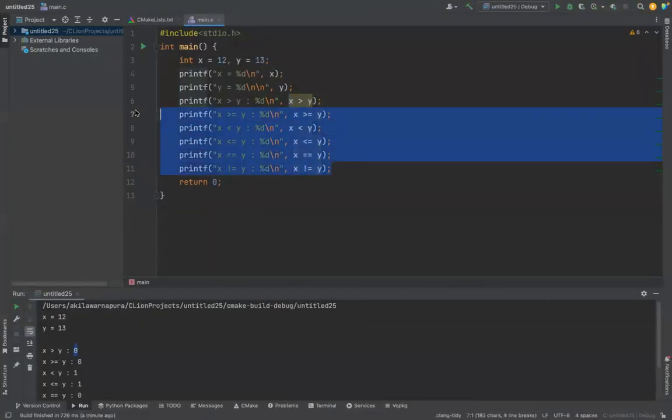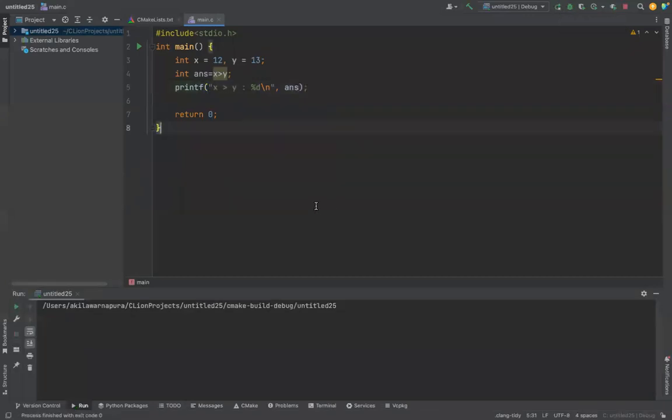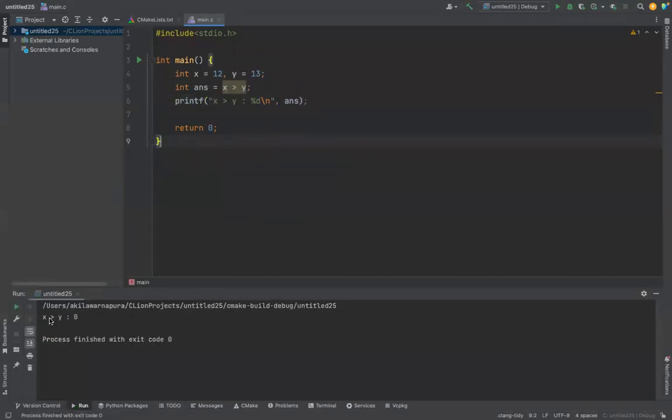Just forget about this part. If you don't understand, let's say int answer is equal to x greater than y. Then you are printing the answer here. The answer is 0. Why is it 0?